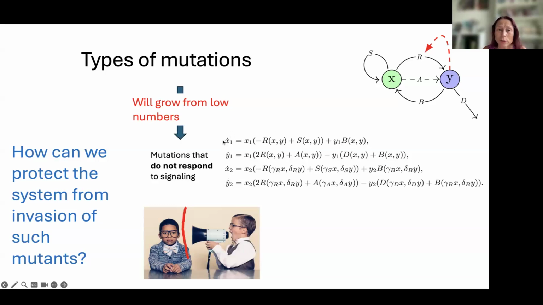We just have a well-functioning, healthy control system. Let's introduce some mutants, and the question is, are they going to grow? And if they start growing from small numbers and kind of overtake the system, that means that the healthy controls are broken, and these selfish cells that don't want to respond to control are growing.